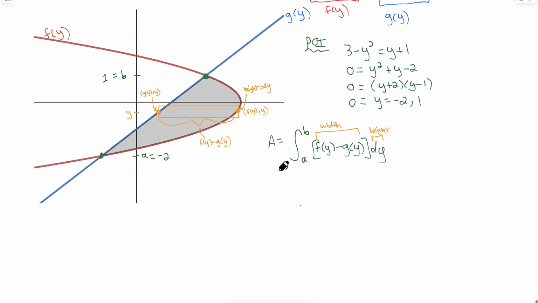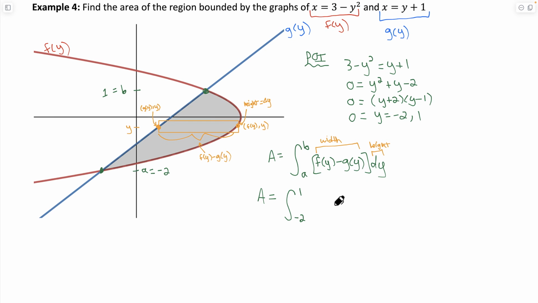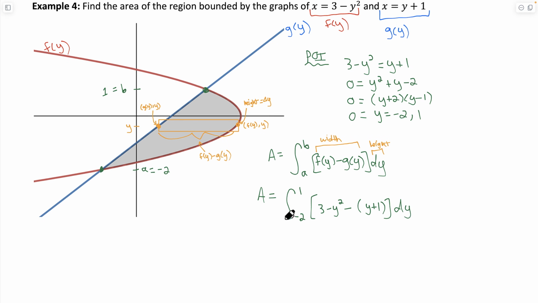So when I use my area formula, my limits of integration are between negative 2 and 1. And I can sub in my f at y and g at y equations. So f at y is 3 minus y squared, and I have to subtract g at y, which is y plus 1 dy.